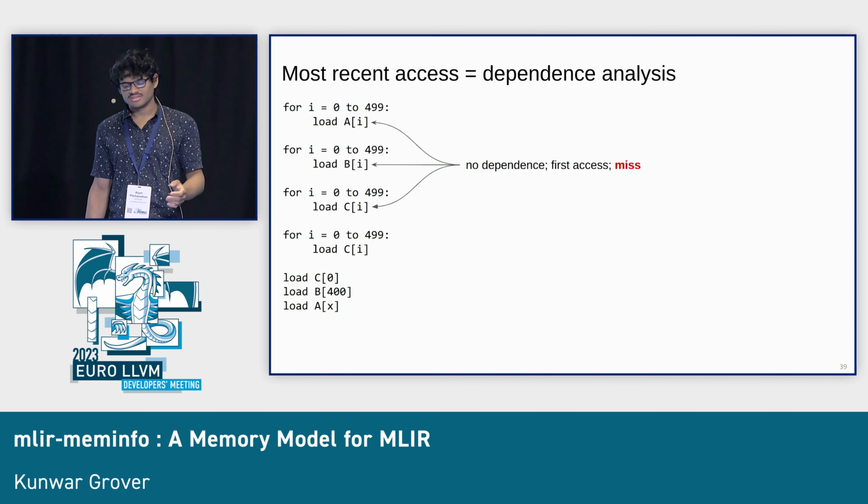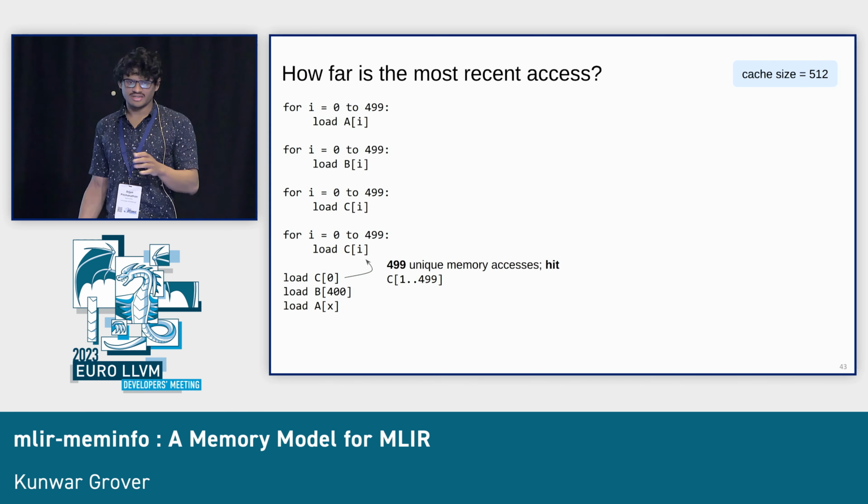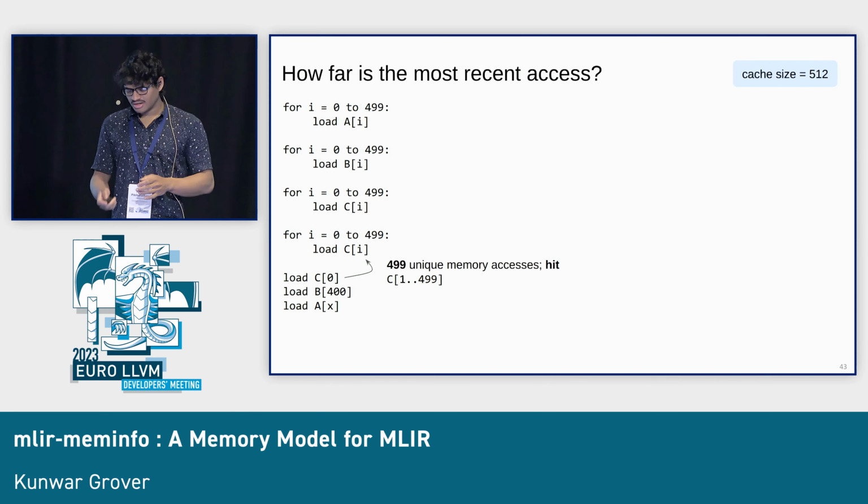So the accesses in between are C1 to C499. That's 499 of them. And that's less than, let's assume a cache size of 512, which is typical for an L1, and again, ignoring cache lines, assuming the cache line size is 1. So this is going to be a hit.